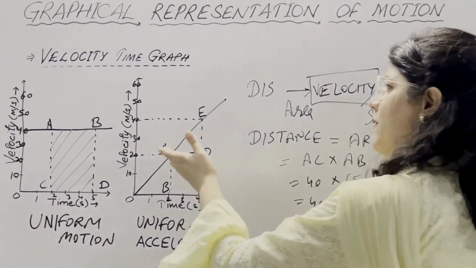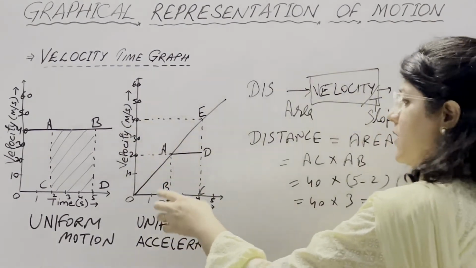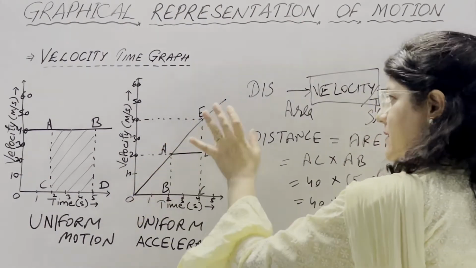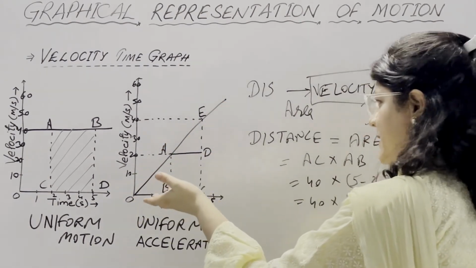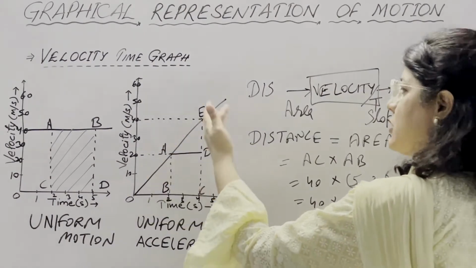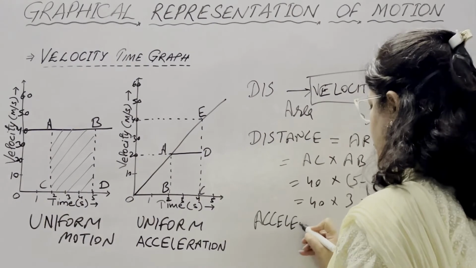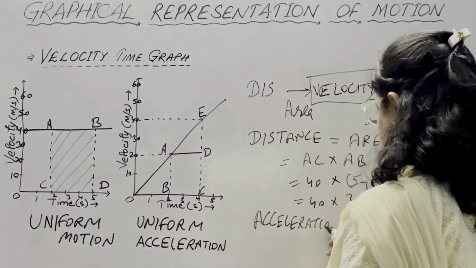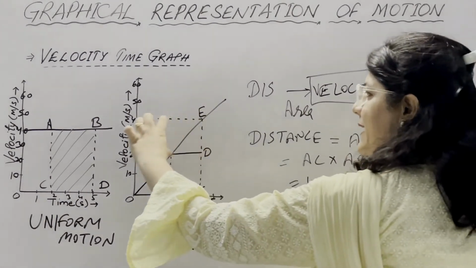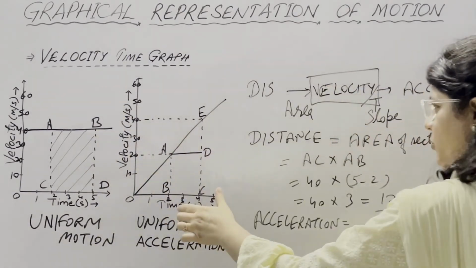Now, in a similar velocity time graph, here it is showing uniform acceleration. How can we calculate this acceleration? We need to find the slope. So acceleration is equal to slope, the y-axis portion divided by the x-axis portion.